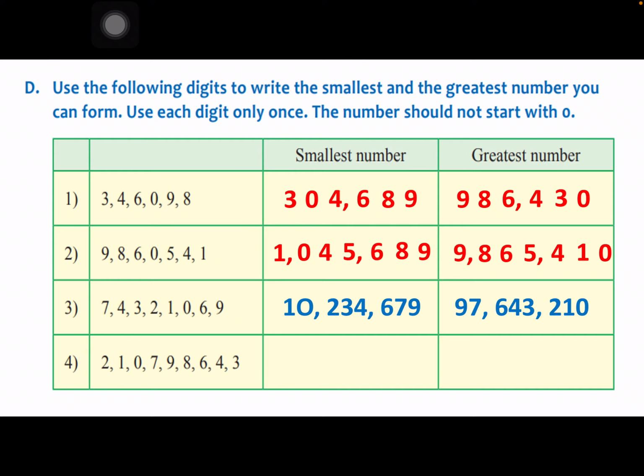For number 4, the smallest number starts with 0, but you cannot start with 0. Start with 1. Next is 0, 2, 3, 4, 6, 7, 8, and 9. This is the answer.